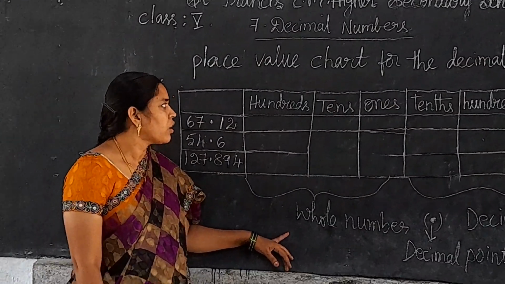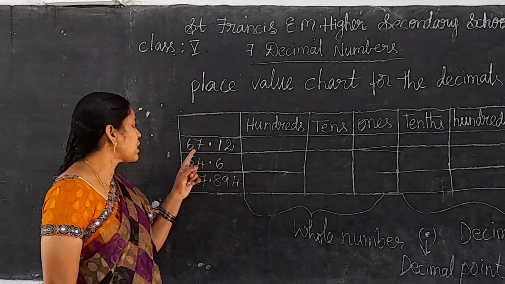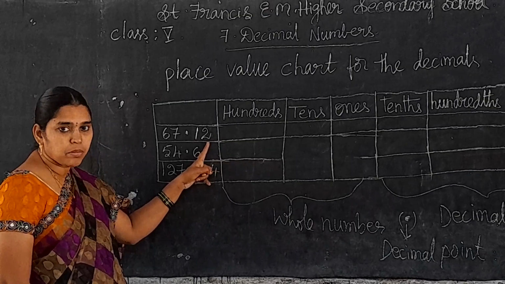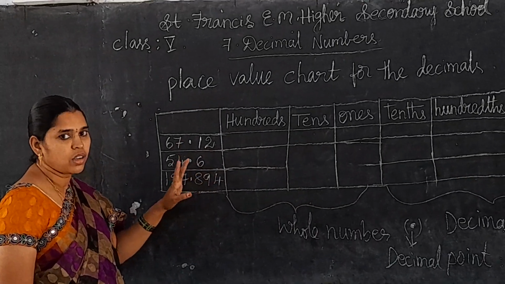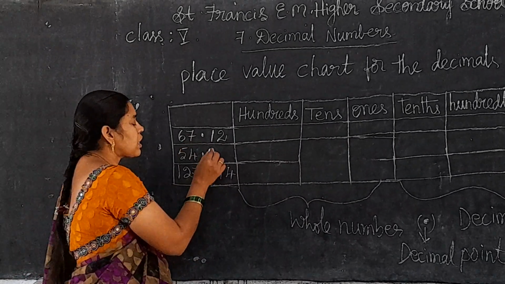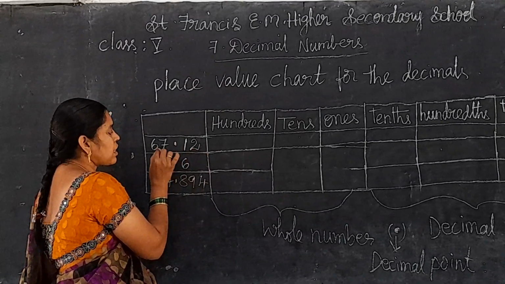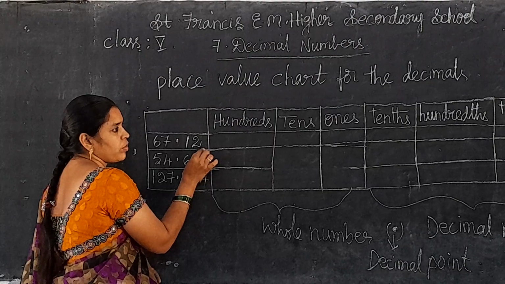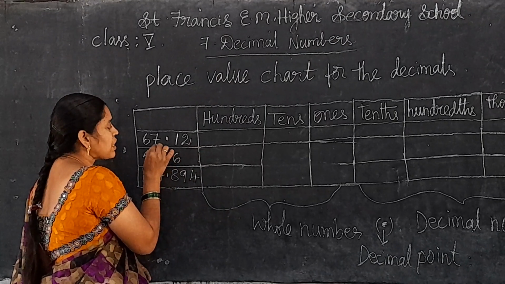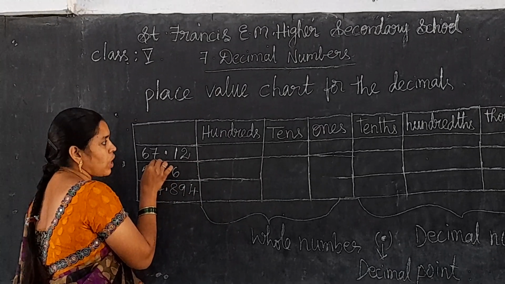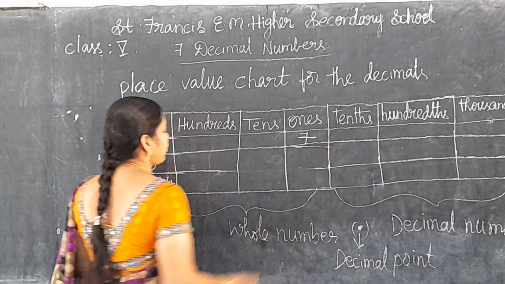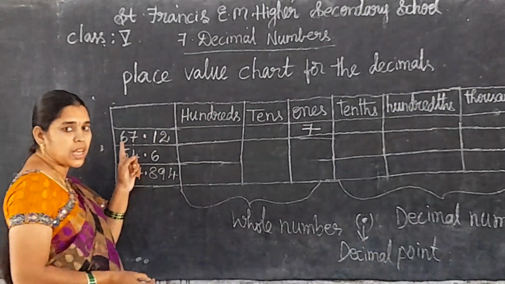Okay children? Now see 67 point. After the decimal point you should not read 12. You should read the digits separately. That is 67.12. Right? Now 7 is in which place? That is the ones place. So in the ones place you write 7. 6 is in which place?